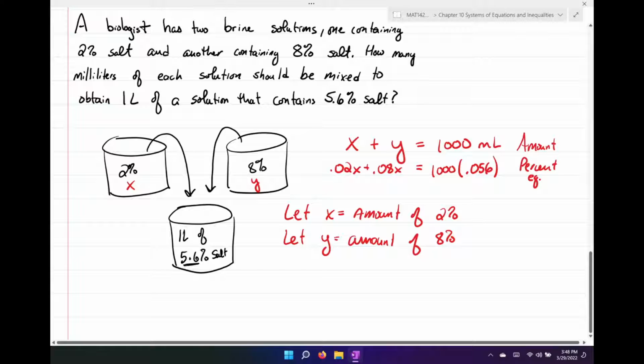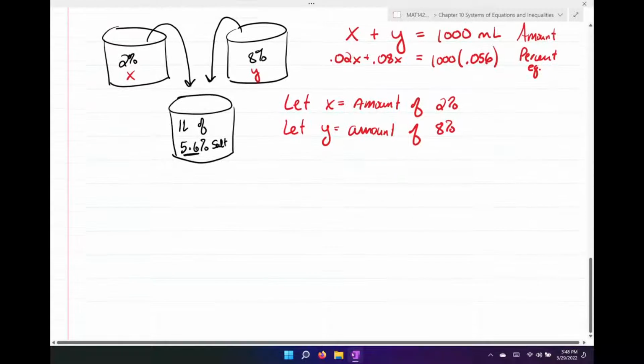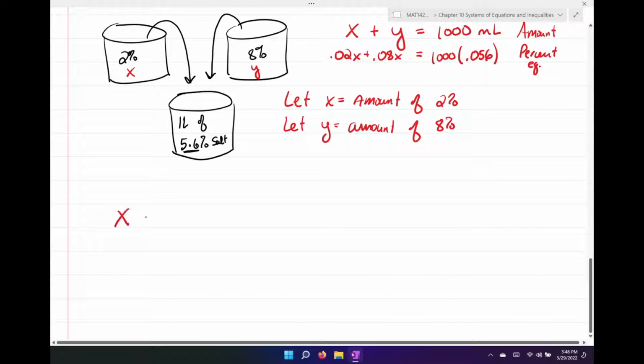So I'm just going to rewrite my system as X plus Y equals 1,000, and 0.02X plus 0.08Y equals 56. Because remember, 1,000 times 0.056, you move the decimal place 3 places to the right. So here is our system that we're going to have to solve.